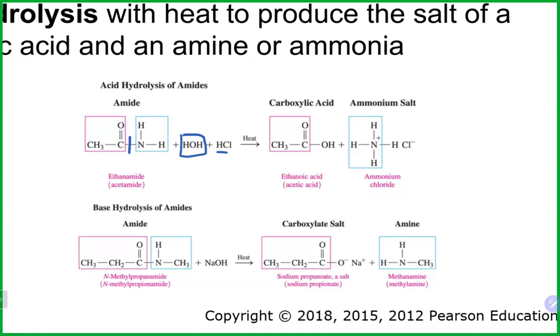And what we're going to get back is the carboxylic acid completed. So we will get what's in the box here, and we will take an OH from the water, and we will get back the completed carboxylic acid.